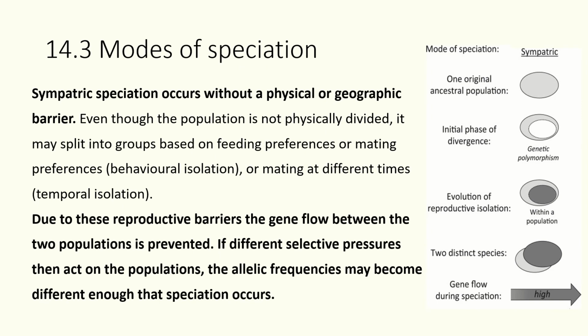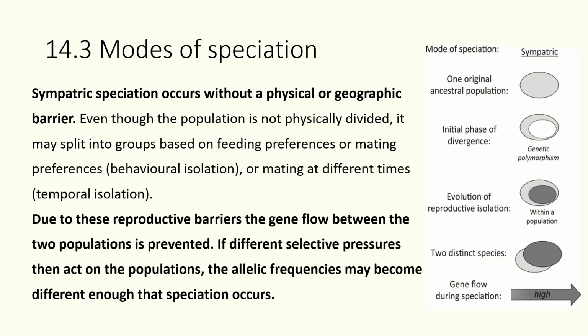Sympatric speciation is our second type, and it's on the far end of the spectrum. It occurs without any physical or geographic barrier. We don't have reproductive barriers to gene flow in the same way as allopatric speciation.